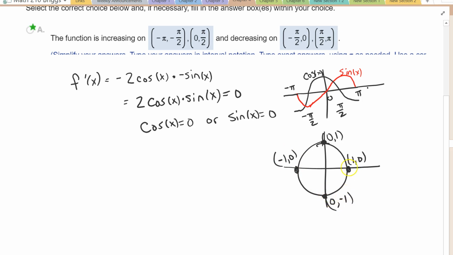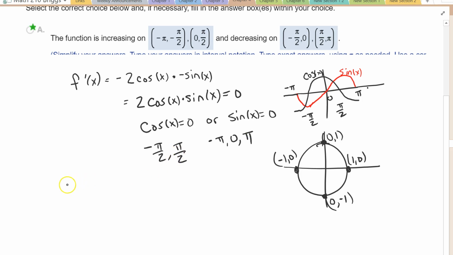So the points in which sine equals 0 and the points in which cosine equals 0 are where either the x value is 0 or the y value is 0. Cosine equals 0 is going to be at minus pi over 2 and at pi over 2, and the sine is going to be 0 at minus pi, 0, and pi.